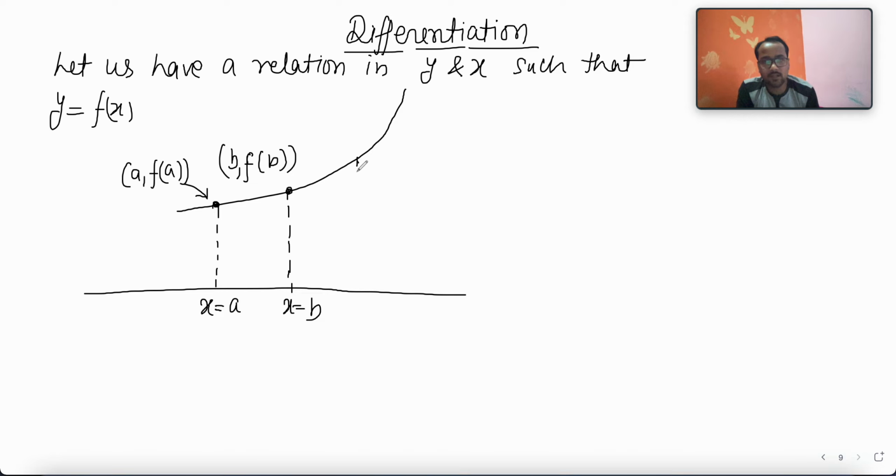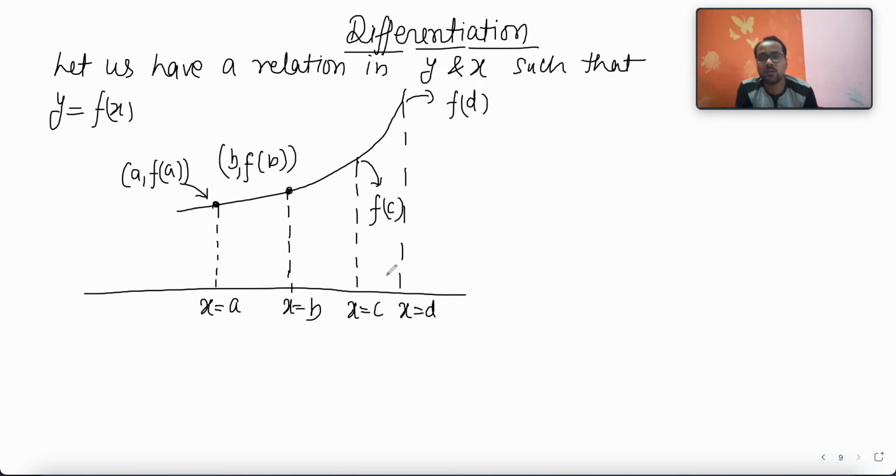Now consider this point x equal to c, and this point x equal to d. At this point the y coordinate is f(d), and at this point the y coordinate will be f(c).